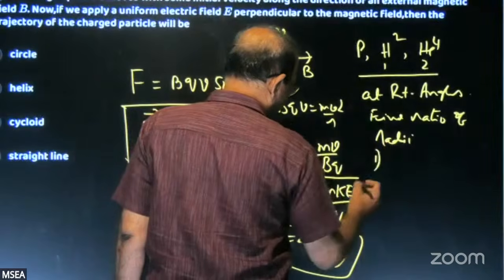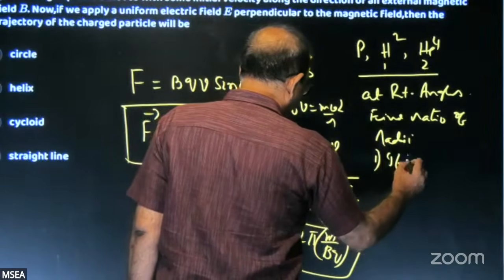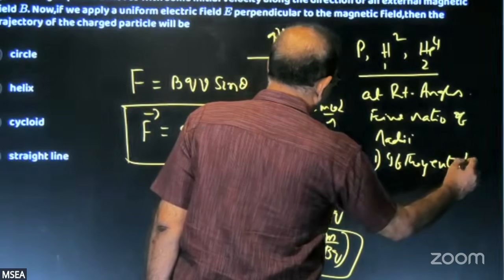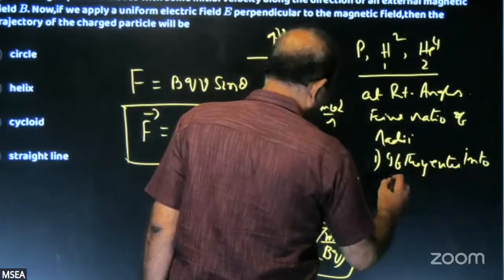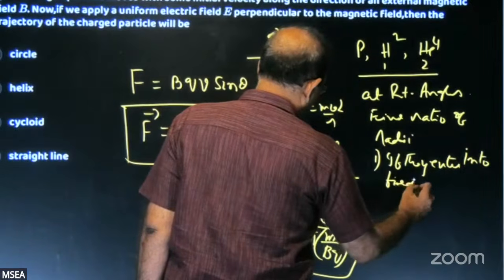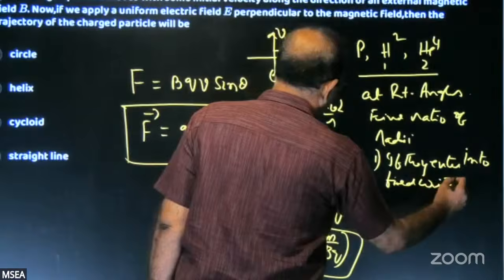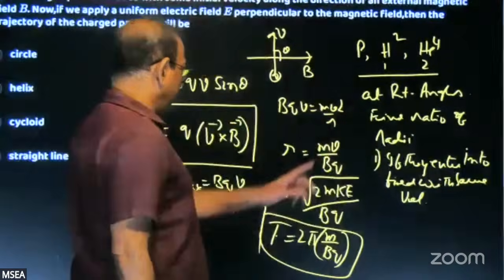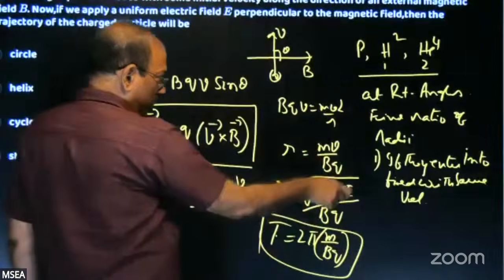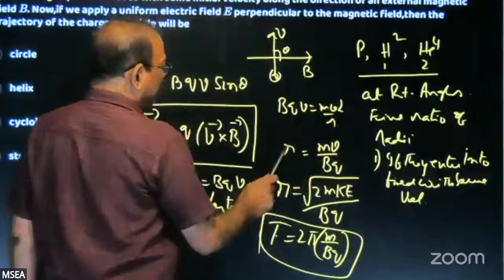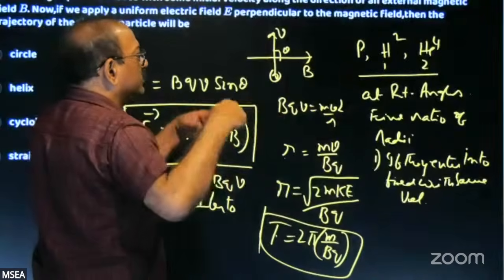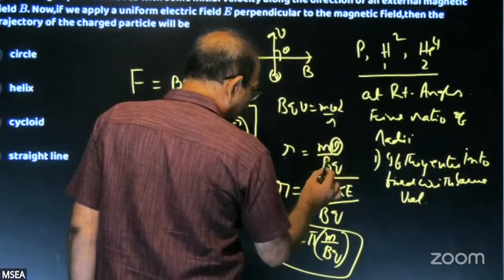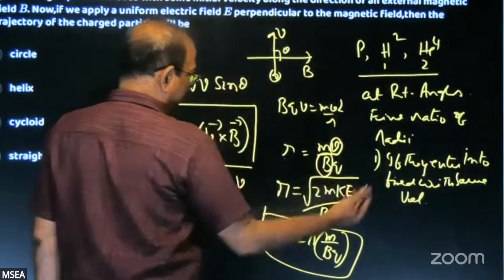One condition they give: if they enter the field with the same velocity, what is the ratio of the radii of their circular paths in the field?